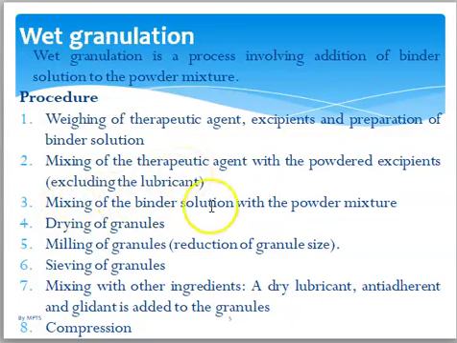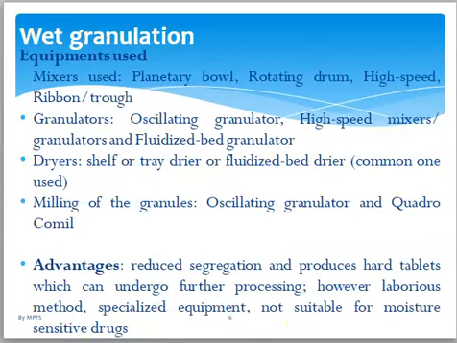Mixing of the binder solution with the powder mixture forms the granules. After that, you dry the granules. Milling of the granules for size reduction, sieving, and then mixing with other ingredients, especially the lubricant and the glidant, and then the compression, which is always the last stage.